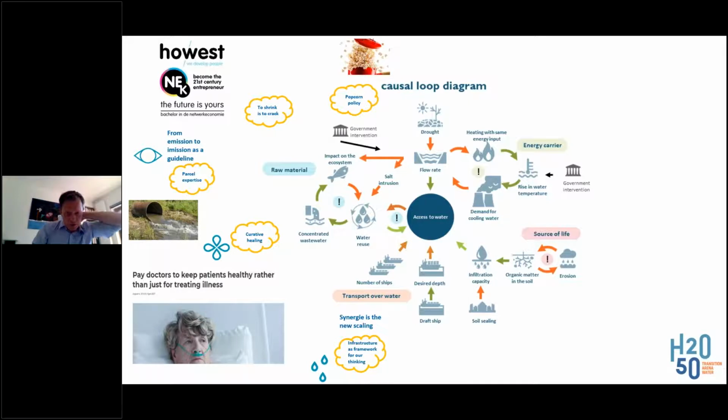Another mental model is that infrastructure is used as a framework for our thinking. We have a lot of big infrastructures which have cost a lot of money, which are not yet depreciated, and these fix our thinking, because if we would send less polluted water to these wastewater treatment plants, they would work less performant.